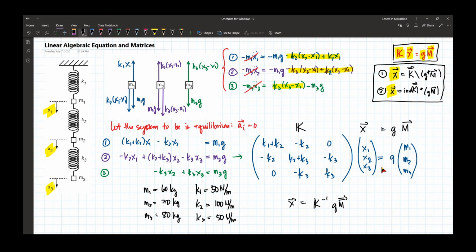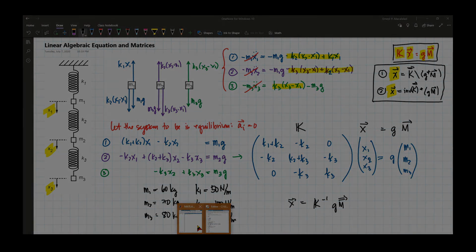But let's say you want to solve Kirchhoff's rules in a circuit with, let's say, 100 possible loops. It's really difficult to solve this equation by hand. So what we can do is we can use MATLAB to do that.